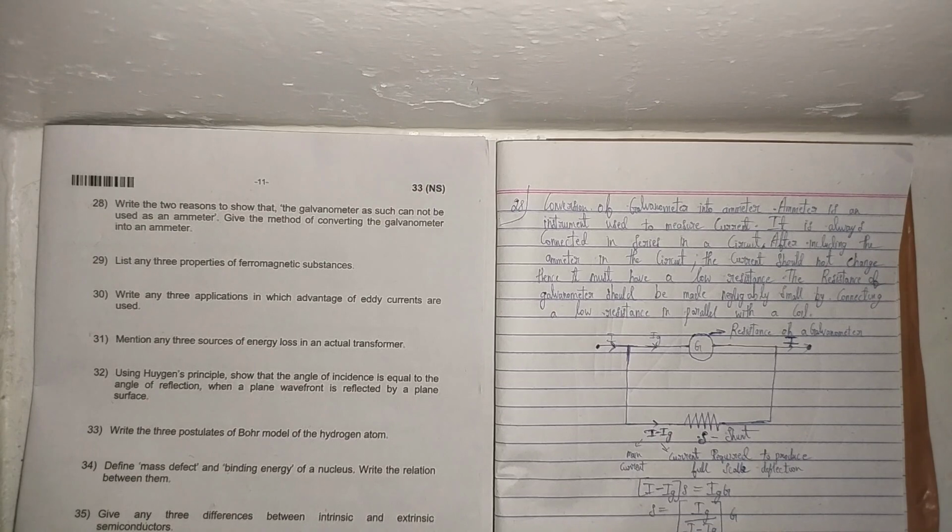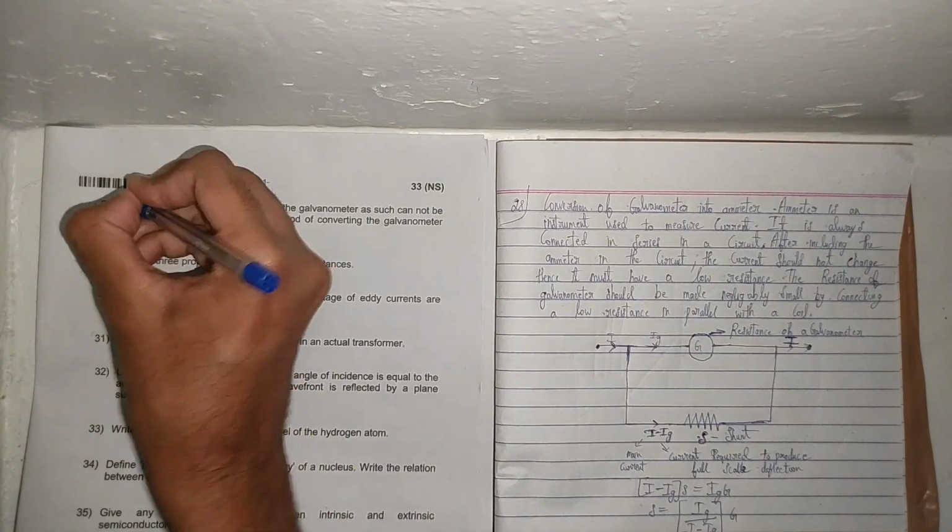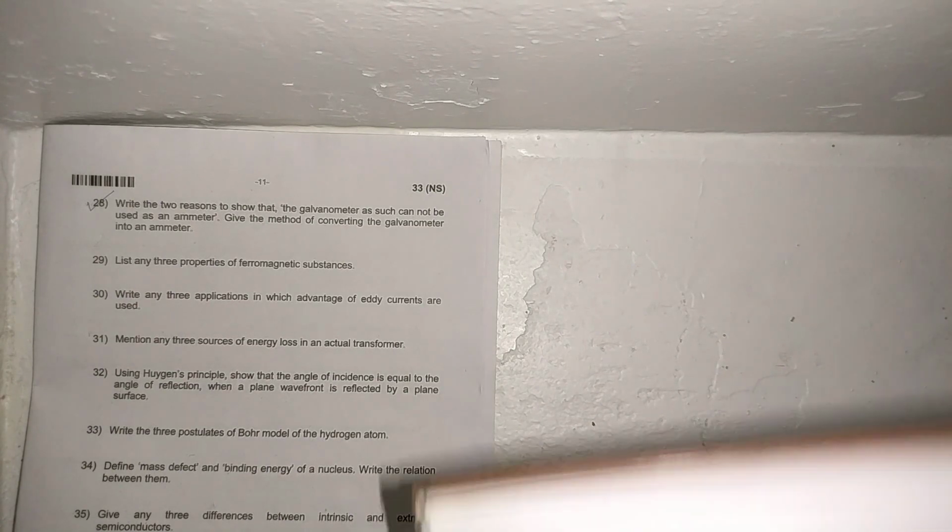So question number 28 is done. Now moving on to question number 29. Here they have asked us to list any three properties of ferromagnetic substances.